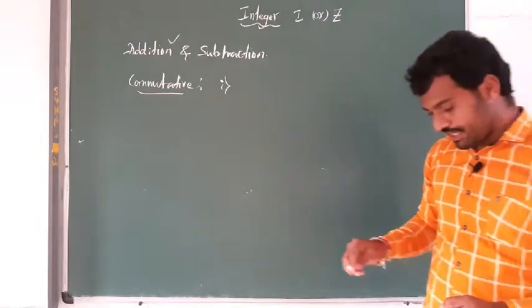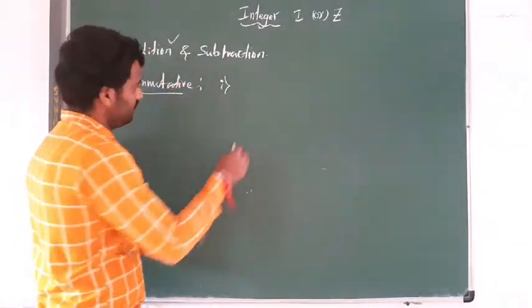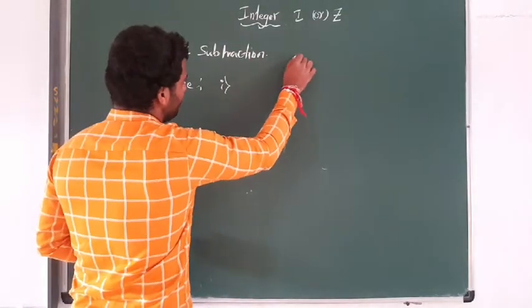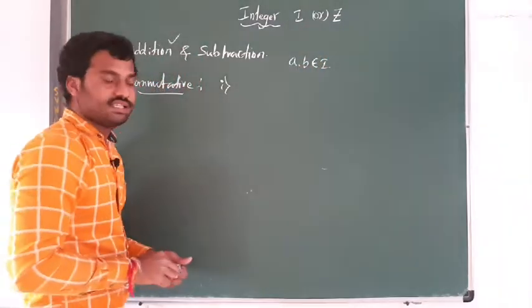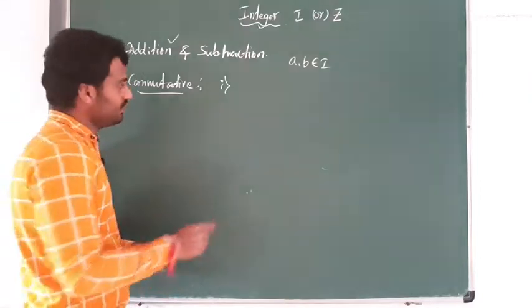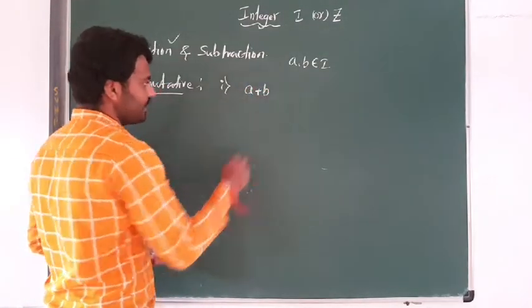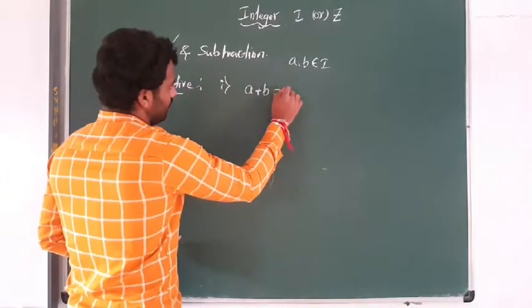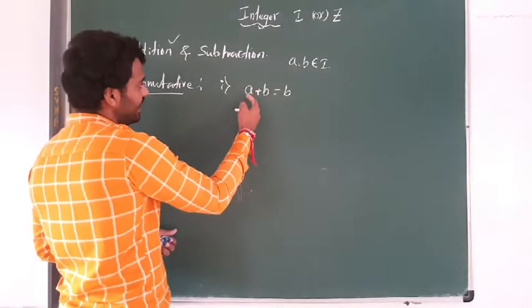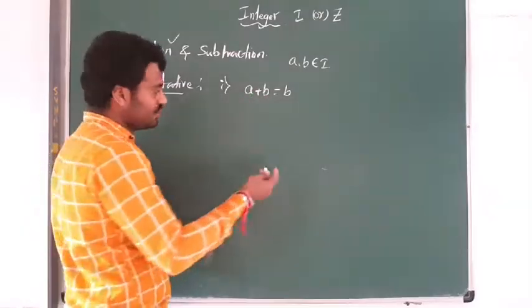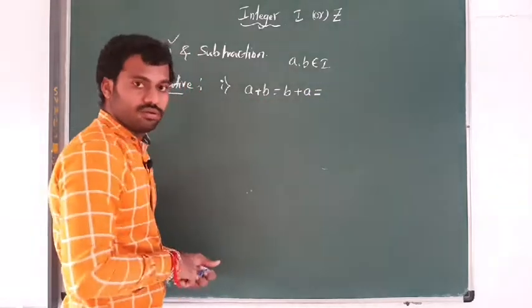What is the commutative property? Generally, I will explain. Suppose you are considering two elements from the integer set. Under addition, you add the two numbers, and then change the order. First, I added A plus B. Next, you change the order: B plus A.